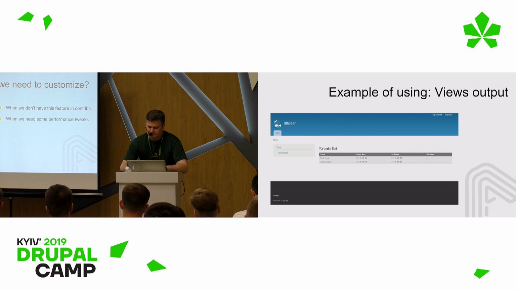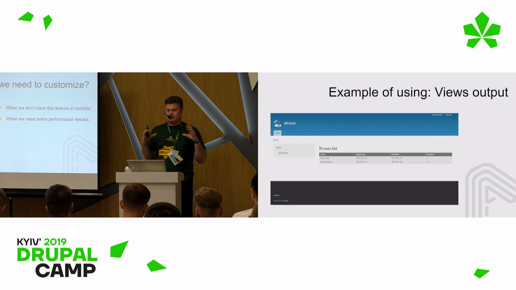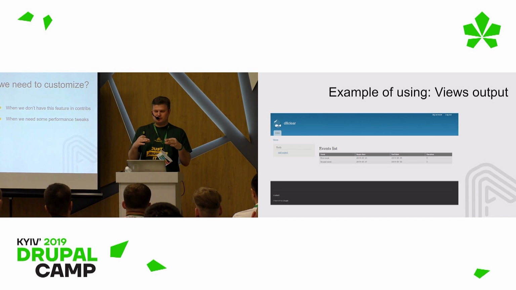First of all, we can use a custom solution when we don't have original features in contribs. For example, when you need to aggregate a value, as we did in our custom code, we need to use a custom solution.